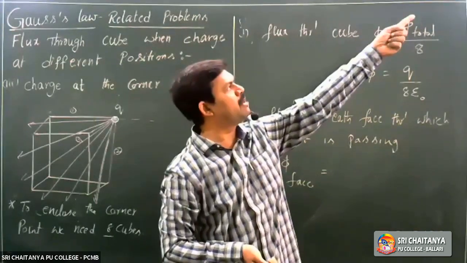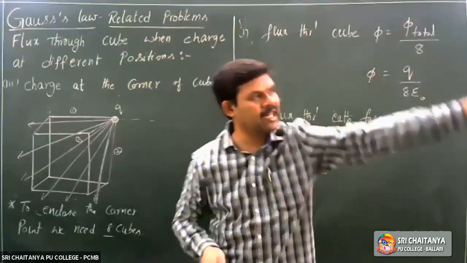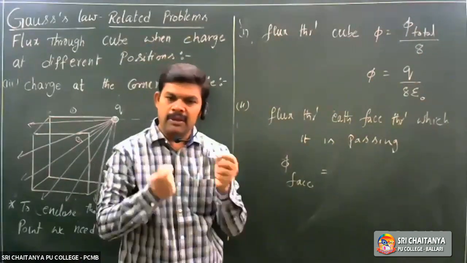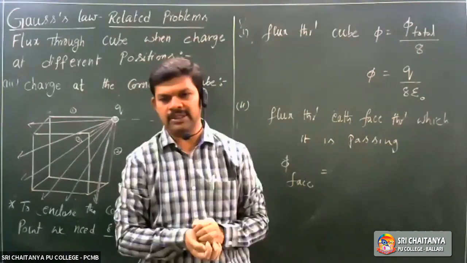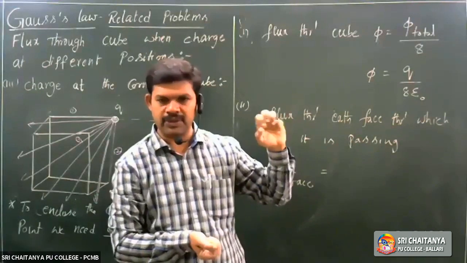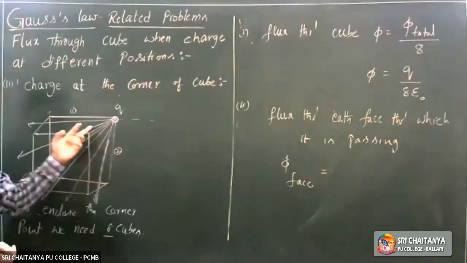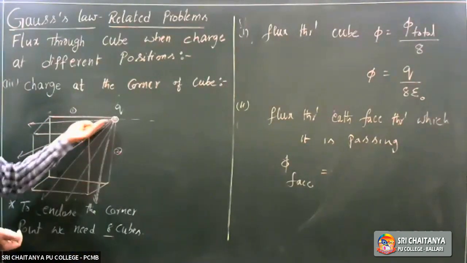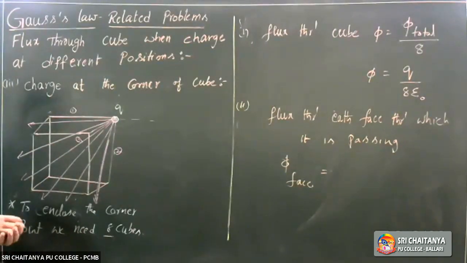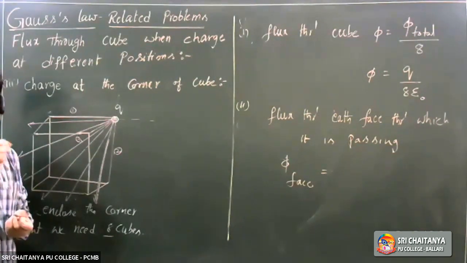The flux coming from that is parallel to this face, and the flux coming from that is parallel to that face, and to this face. The faces which are joining at that point, the flux coming from it, flux in the sense lines of force, are parallel to those faces. I'm using the word flux, those are lines of force parallel to those three faces. So whenever parallel, the flux through those faces is 0.